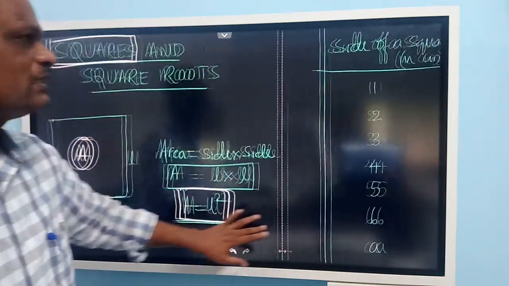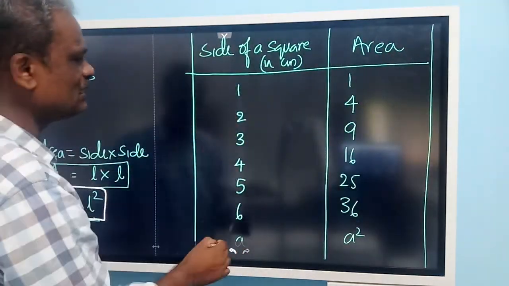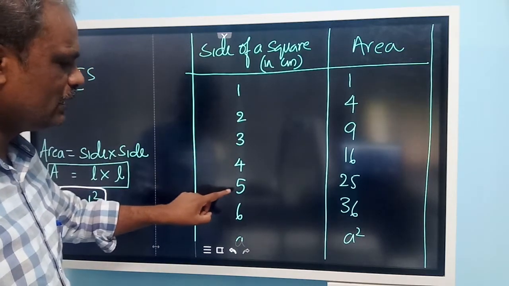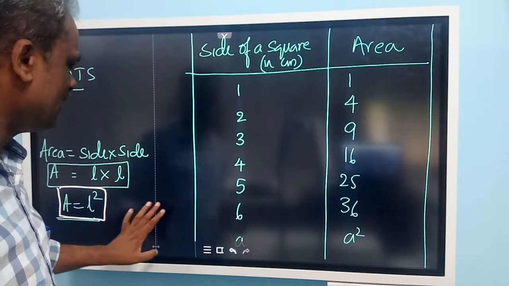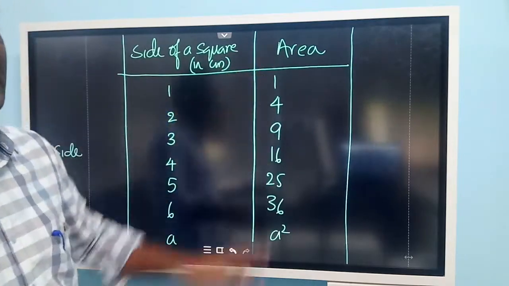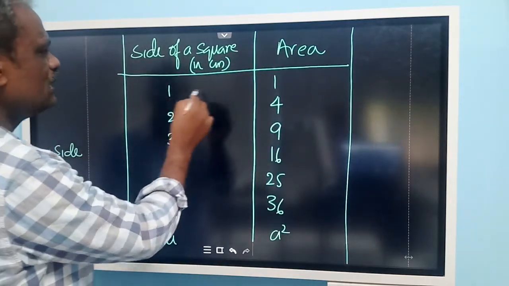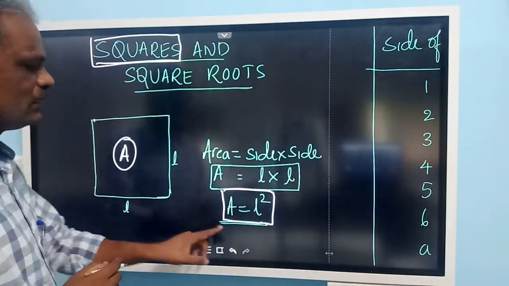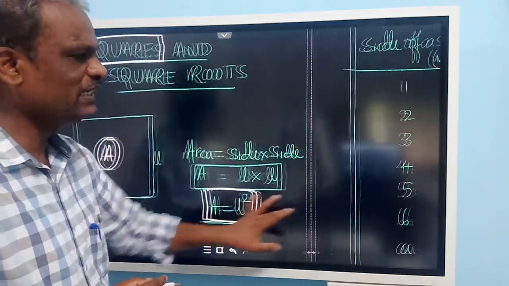So now look at this sum. I have taken the sides here. Side is equal to 1 centimeter, 2 centimeter, 3 centimeter, 4 centimeter, 5 centimeter, 6 centimeter and 8 centimeter. Then the corresponding area, look at this. If side is 1 centimeter, then instead of L, if I take 1, area will become 1 square, because side into side.